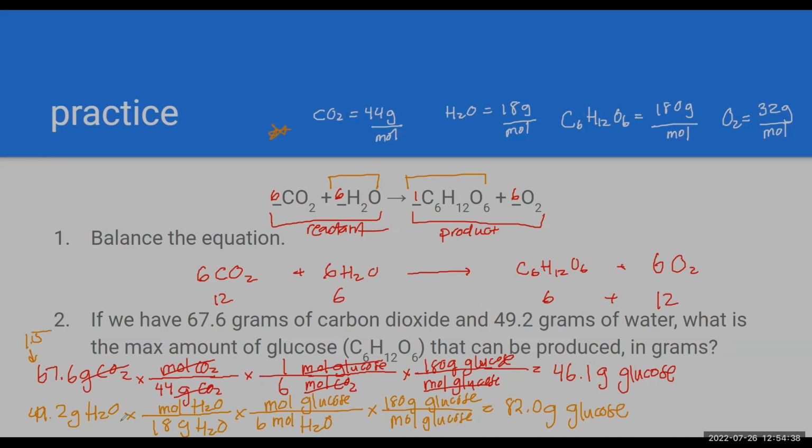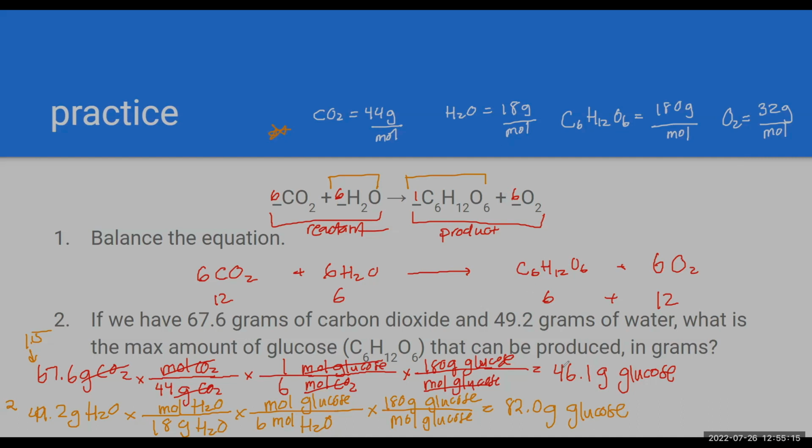But if you were to do the ratio of the number of moles of water, given that we have 49.2, it's a little bit more than 2, because 18 times 2 is about 36. So this is a little bit more than 2. So we have a lot more water than we have carbon dioxide in terms of moles. And because of that, the carbon dioxide is going to be the limiting reactant in this case.